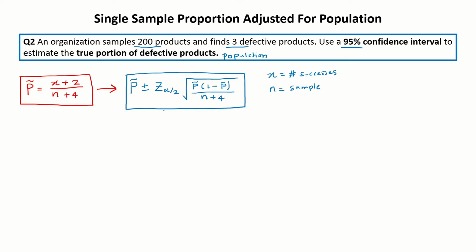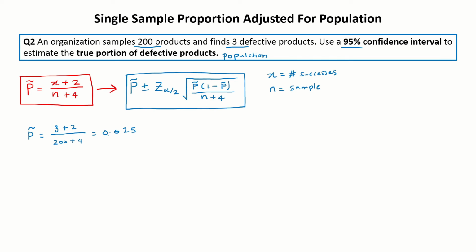So let's go ahead and calculate this proportion. x plus 2 over n plus 4, x would be 3 plus 2, so 3 being the number of defective products, and n plus 4 would be 200, which is the sample size, plus 4, and this would give me 0.025, which is the proportion adjusted for the population for the number of defective products.